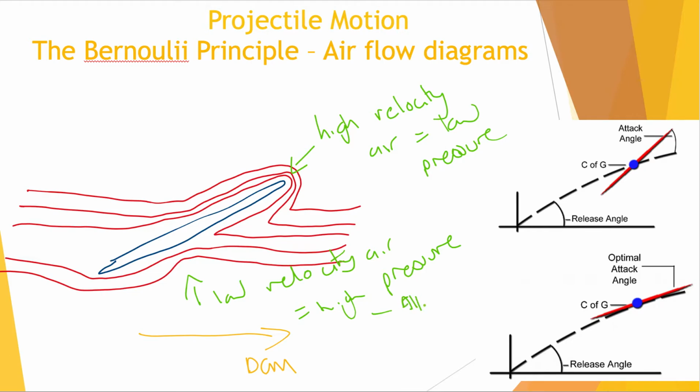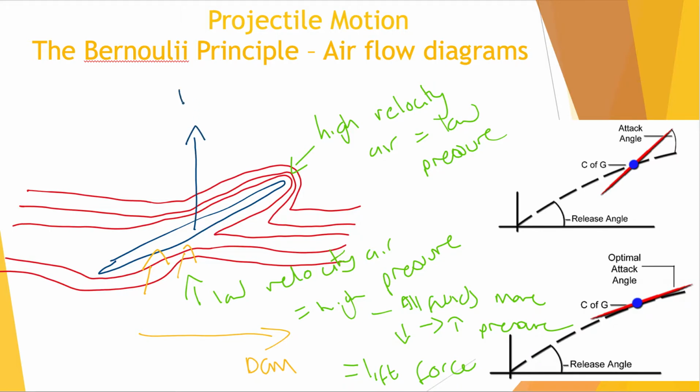All fluids move from an area of high pressure to low pressure, and that gives us lift force. We've got this air here that wants to get up here, and it pushes the javelin upwards.